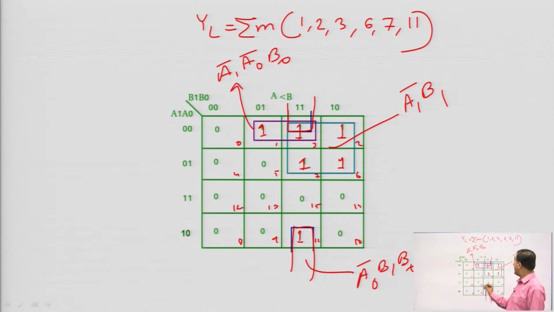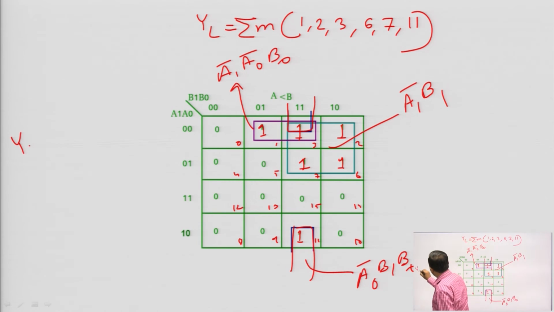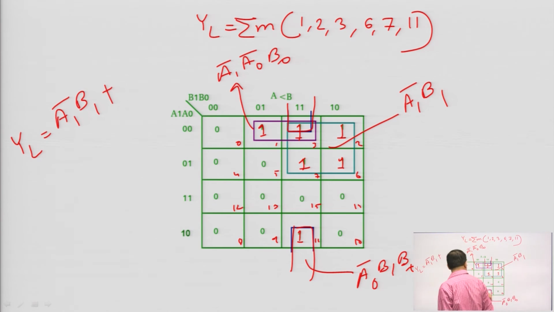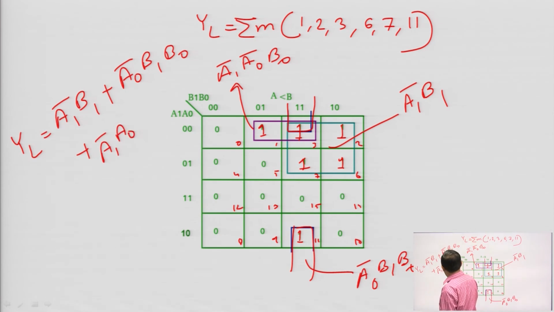Okay. So, we can write y L is equal to A1 bar B1 plus A0 bar B1 B0 plus A1 bar A0 bar B0.